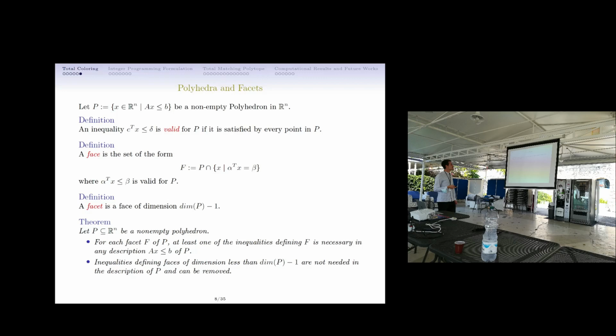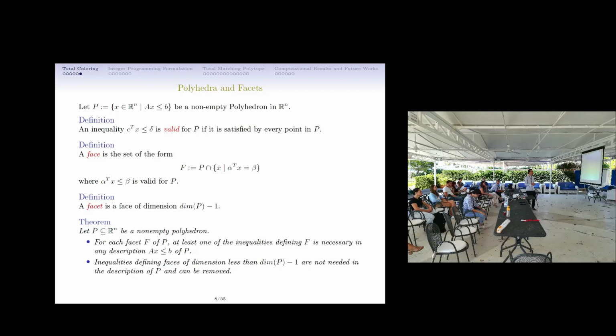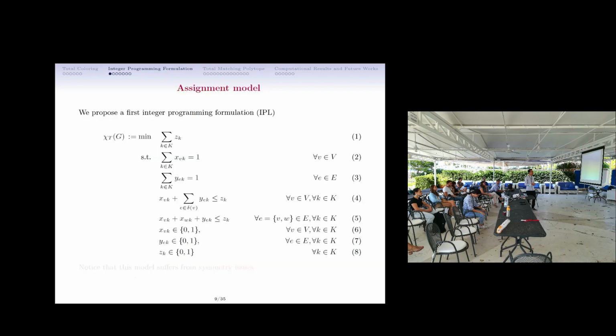The important theorem is that the facets of the polytope P represent a minimal system of the polytope P itself, in the sense that if we drop any of those inequalities, it changes the polytope P, and so we have a minimal system describing that polytope.